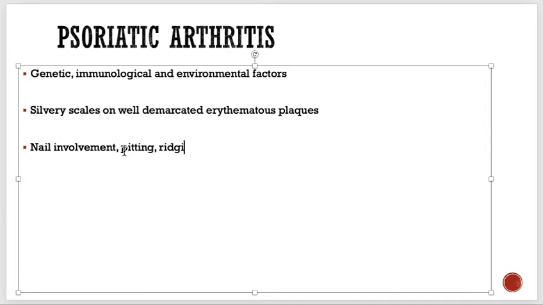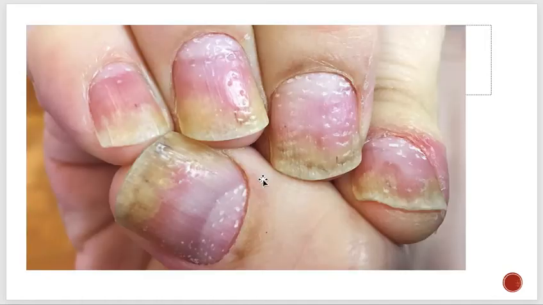Ridging is there, hyperkeratosis is there, discoloration is there, and one thing is onycholysis. Okay, onycholysis. And you will find oil drops in their nails. You can see over here. So see, like this one. So these are the nail changes. They're very important to remember.